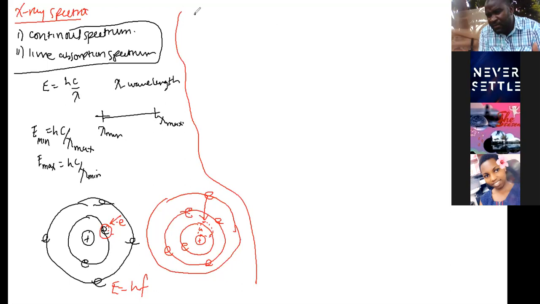One, continuous spectrum. What have we said about a continuous spectrum? It is formed as a result of multiple collisions of electrons with what? With the target atoms.